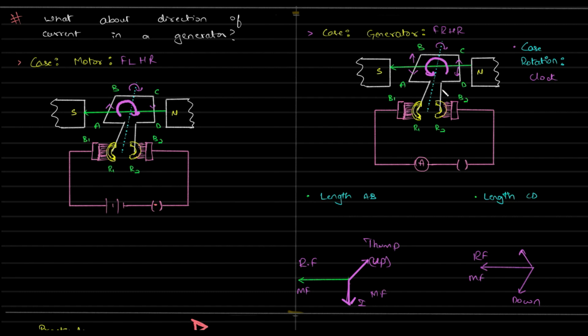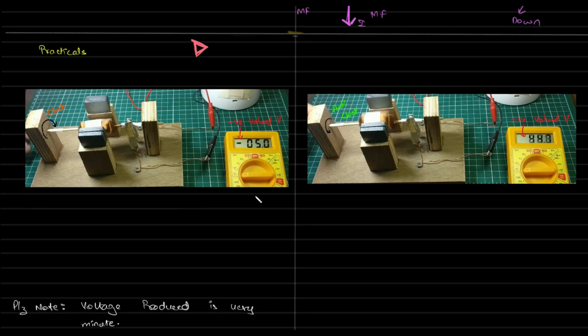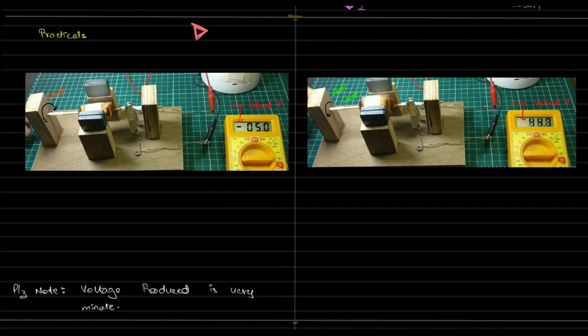Here the induced current is in the opposite direction: here it is clockwise, here it is anti-clockwise. It depends on the setting, but in this case it happens to be anti-clockwise. Let me show a practical to make you see this practically. Obviously, that's the whole point of practicals. Have a watch of the video.